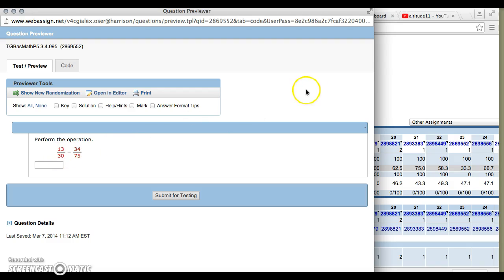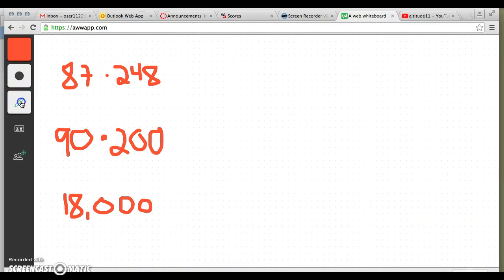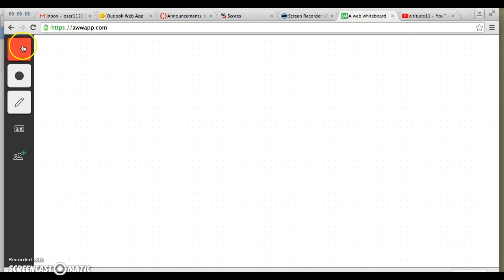We're going to have to get a common denominator here. So we have 13 all over 30 minus 34 over 75.